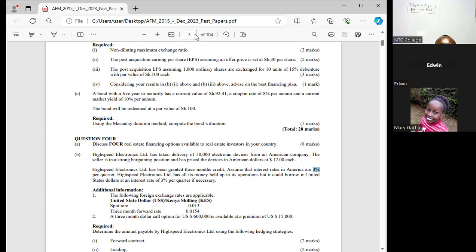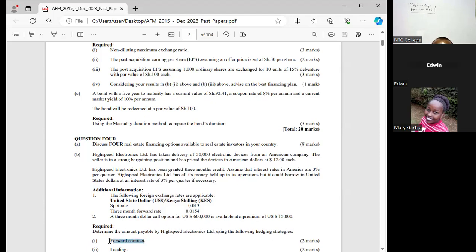Direct, good. A 3 months dollar call option is this one, available at a premium of this. Determine the amount payable by High Speed using the following hedging strategy.